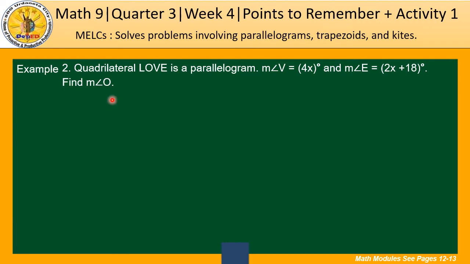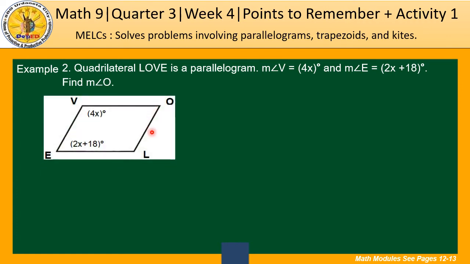Find the measure of angle O. With this, you need to illustrate the problem. The problem is illustrated already. So LOVE, L-O-V-E, angle V is here, and the other angle is on E.